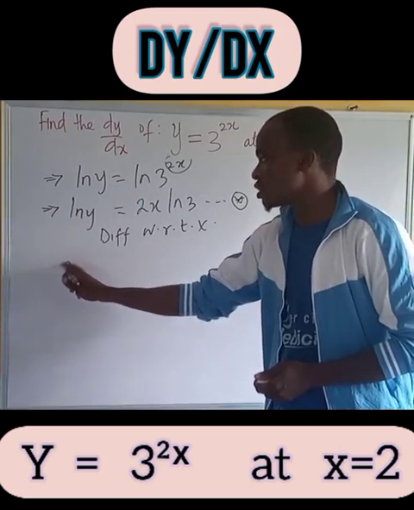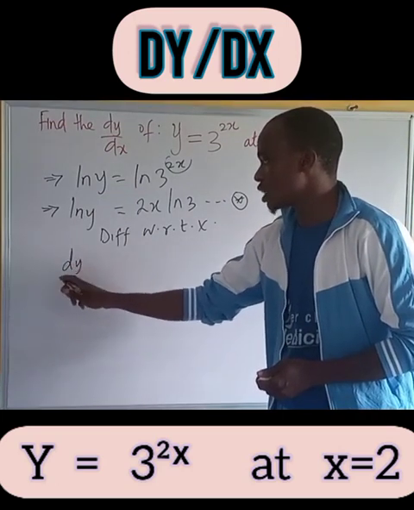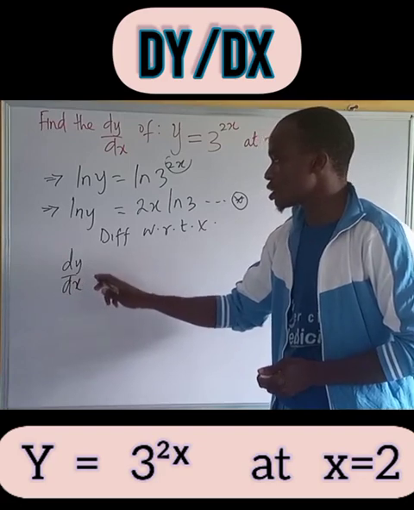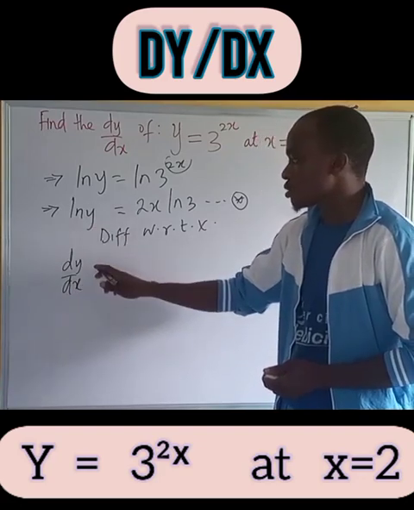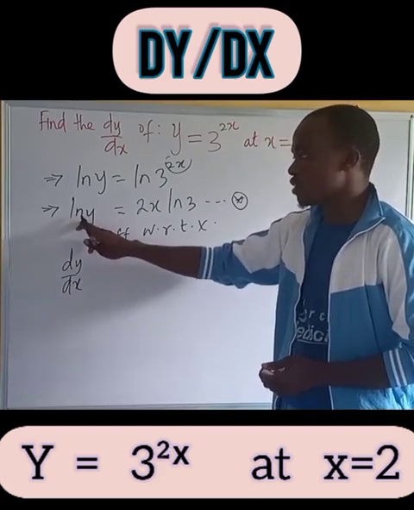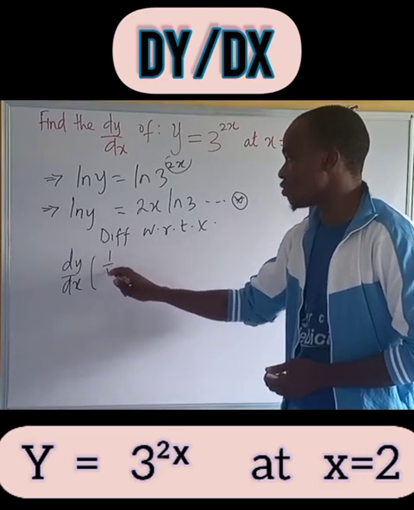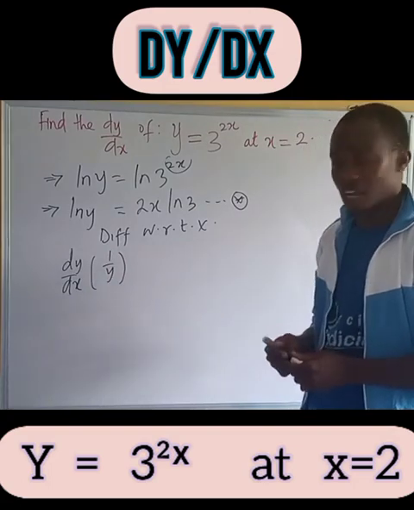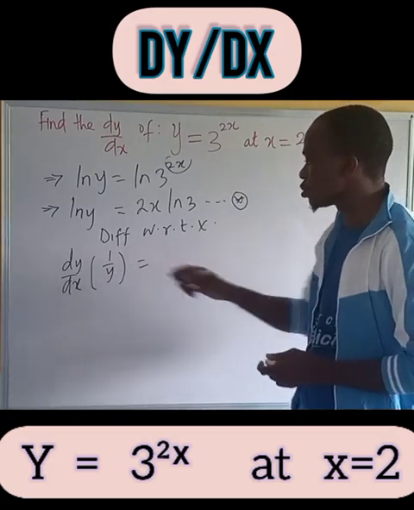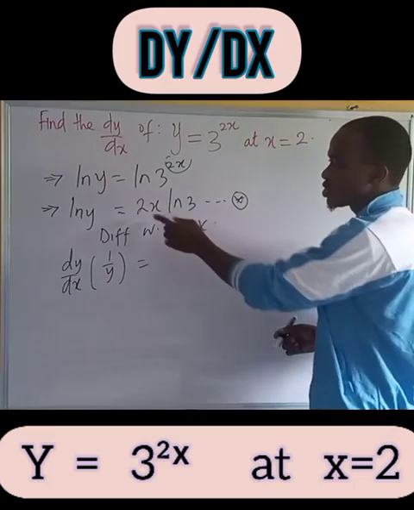Therefore, we are going to be having d/dx of ln y, which gives 1 over y times dy/dx. Are you getting this now? Equals, now we try to differentiate this one.